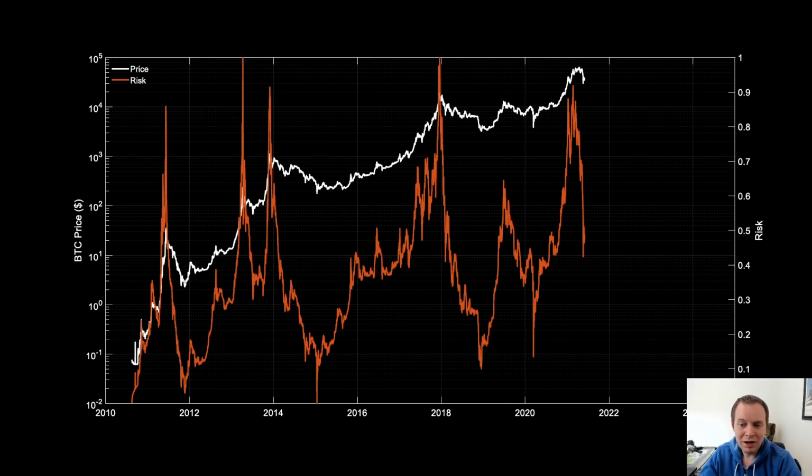But you have to remember, this just accounts for daily data. Okay, so when we went to 64K, again, some of these things are just wicks, and so it's not fully included. But what you will note is that once it got to around 60K up here, we were in fact able to briefly make it into the 0.9 to 1 risk band. So again, if you're not familiar with this metric, go back and watch some of the older videos.